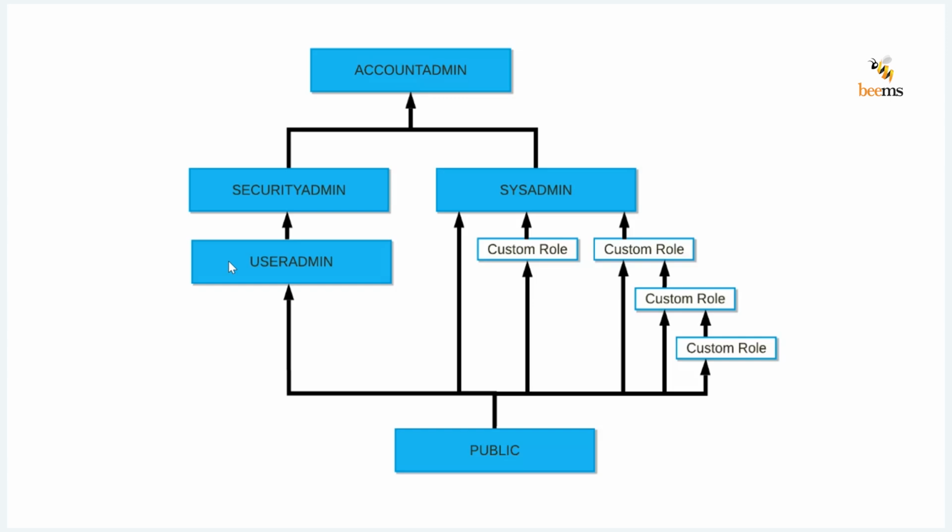They can give access privileges to particular roles, or they can create roles. Security admin and system admin can have the same access, but security admin mainly focuses on granting roles to the particular users.